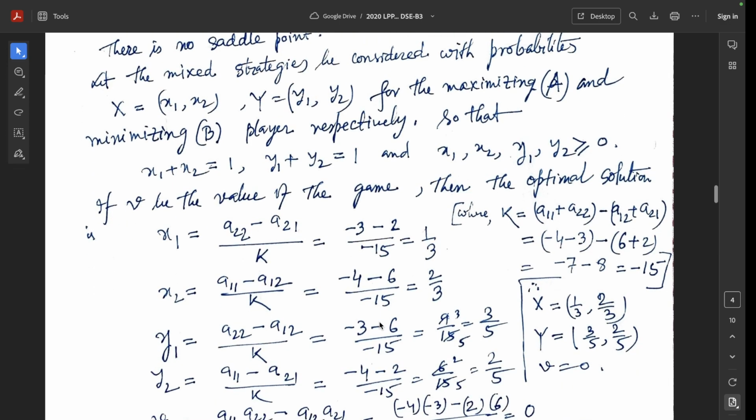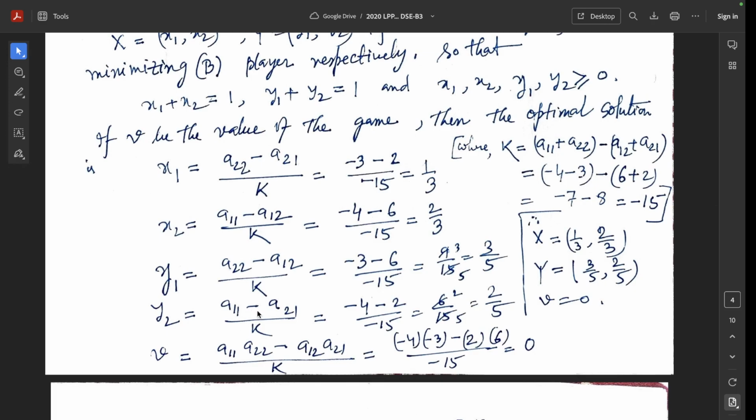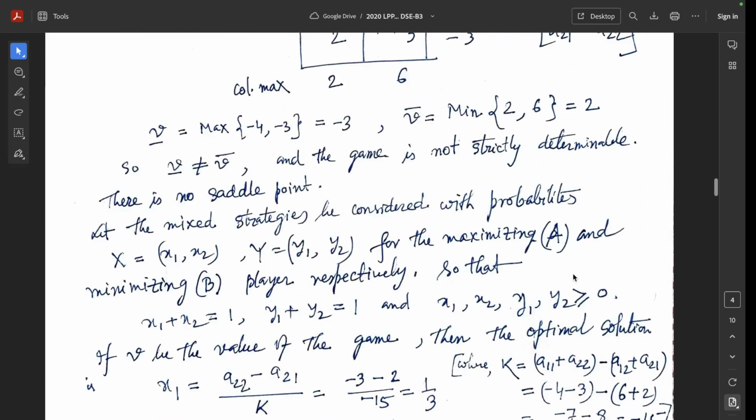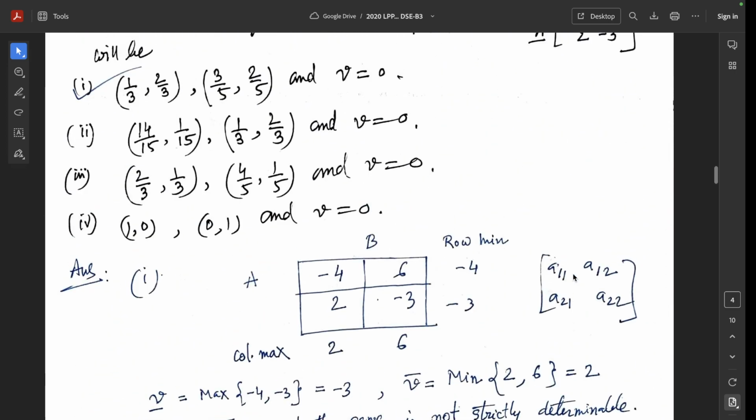So x1 is this, and x2, (A11 minus A12) by K, is 2 by 3. y1, (A22 minus A12) by K, is 3 by 5, and y2, (A11 minus A21) by K, is 2 by 5. The value of the game V equals (A11 A22 minus A12 into A21) by K, which is 0. Hence the correct option is 1.